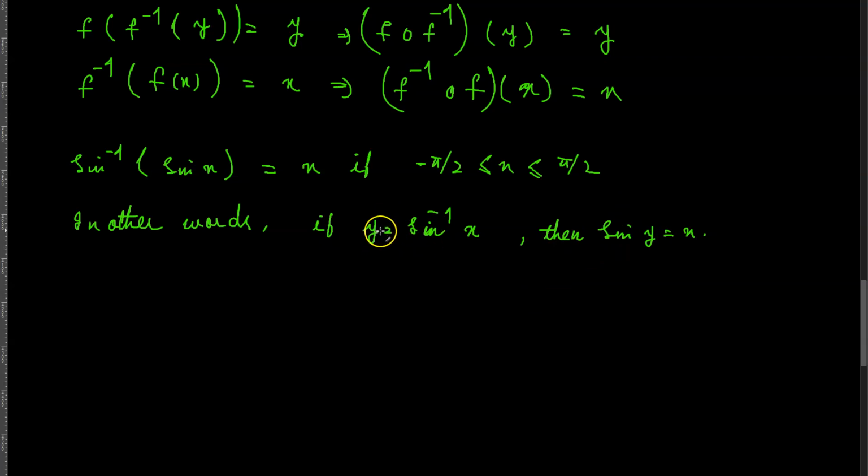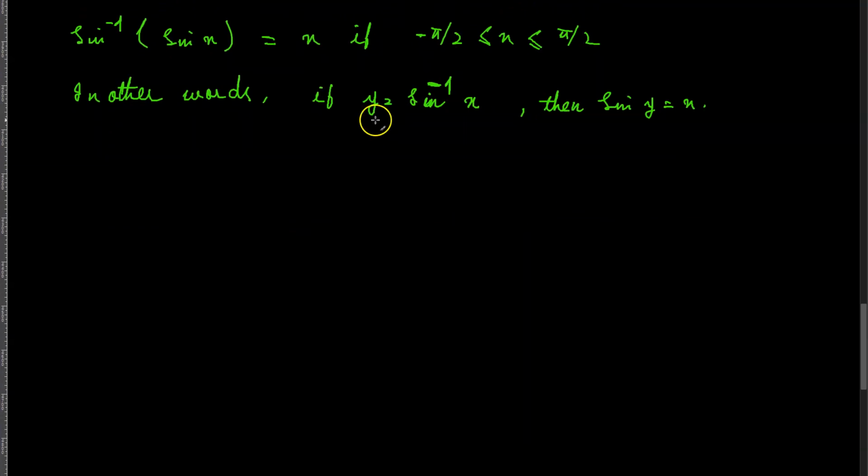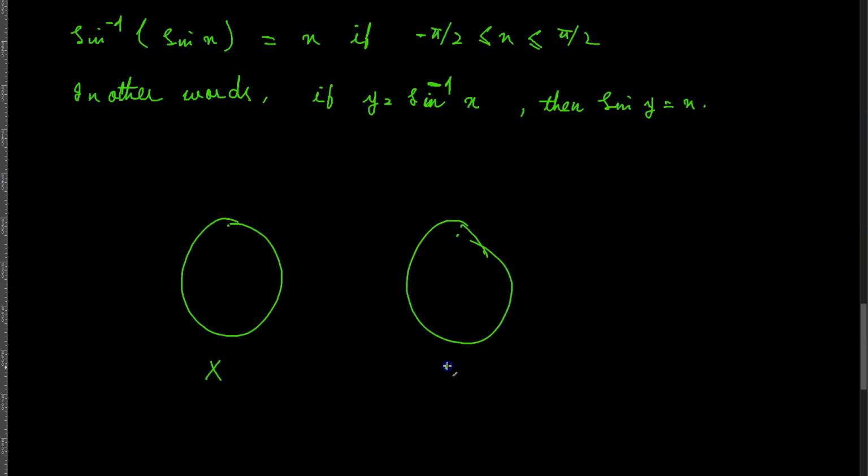Basically you need to be a little bit creative with these variables. They choose these variables not always in the right order, meaning that whenever we talk about functions, we always have some x and some y over here, and we say that, for example, there is a function f that takes you from x to y, and there is some other function, for example f inverse, that takes you from y to x, right?